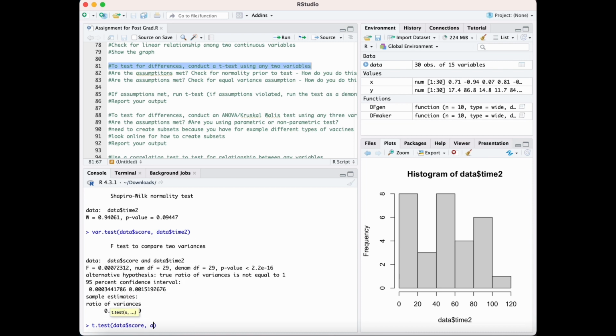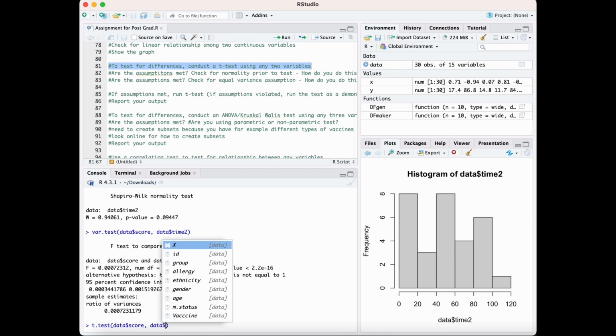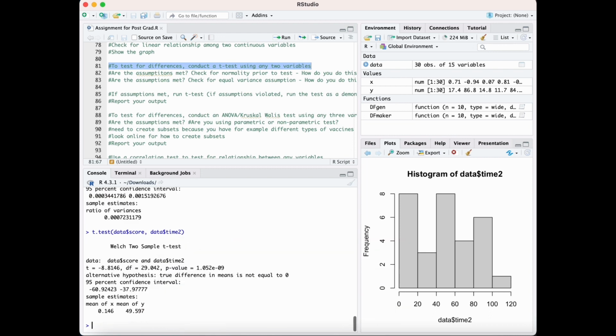Score and data time 2. Right. So the Welch two-sample t-test indicates a p-value of 1.052 to the power of -9. This means that this is a lot lower than 0.05.